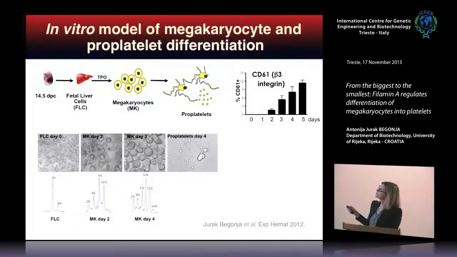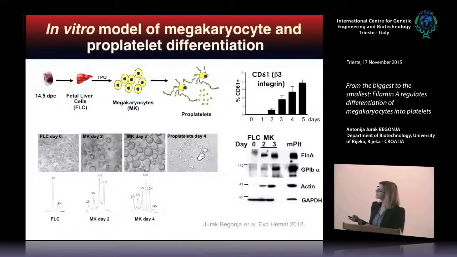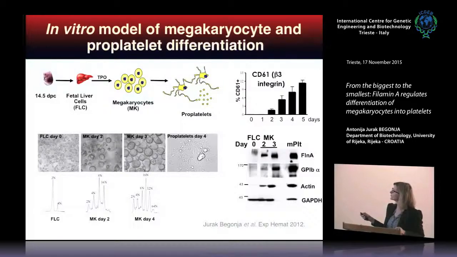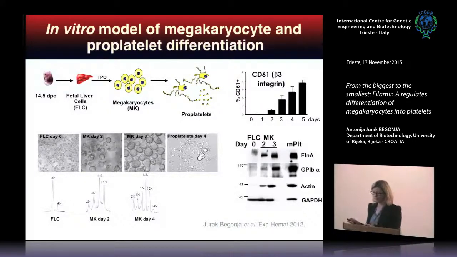Also, there's an increase, of course, in a megakaryocyte marker. If we also look at Filamin A or GP1B alpha, as megakaryocytes develop in culture, they are more mature, and there is a higher expression of both Filamin A and GP1B alpha.